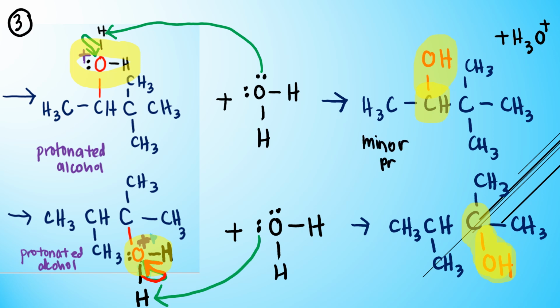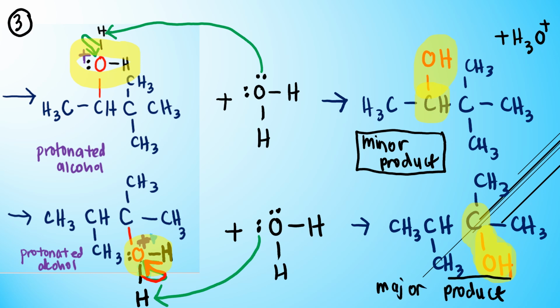Kenapa minor product yang atas? Sebab minor product di atas ni come from the secondary carbocation. Manakala yang bawah, second product is the major product because it come from the tertiary carbocation, which is more stable carbocation. Same as the previous mechanism. Okey, kalau pembentukan karbokation yang lagi stabil, dia akan bentuk major product dan seterusnya.